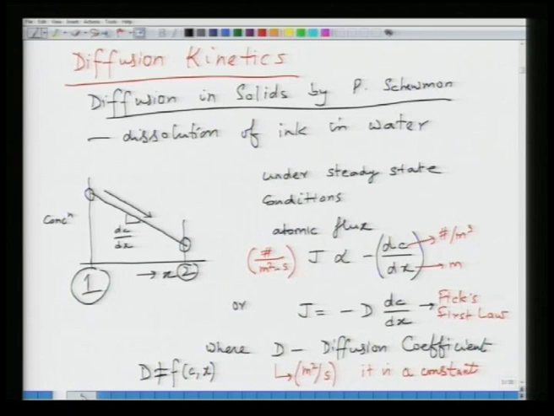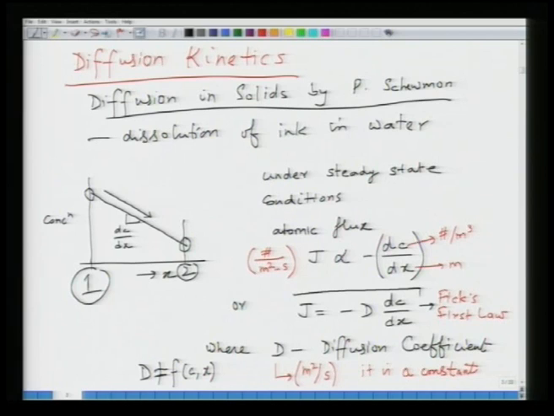Now, you just remember that the minus sign in this equation is because the diffusion is taking place from regions of higher concentration to lower concentration. Okay. However, we have said that D is not a function of concentration, but D is a function of, as we will see, temperature.